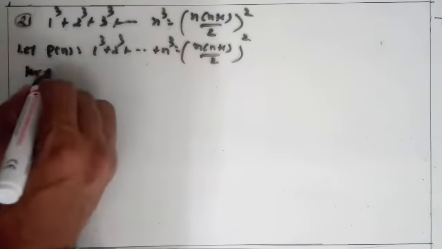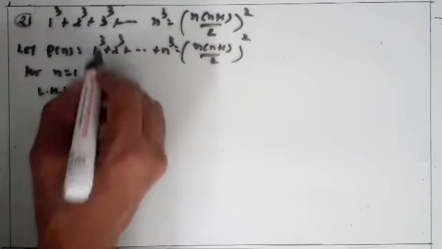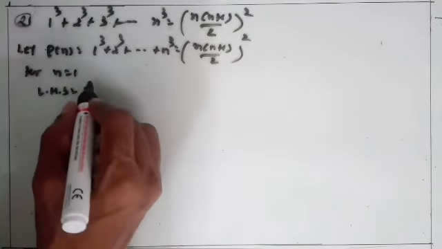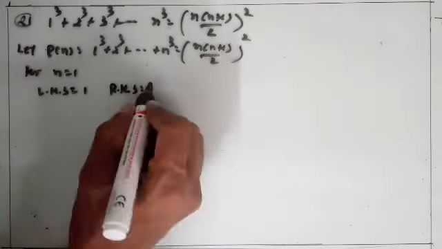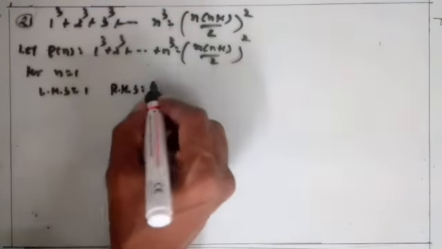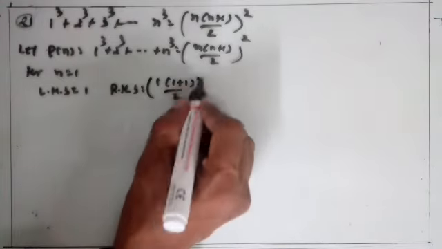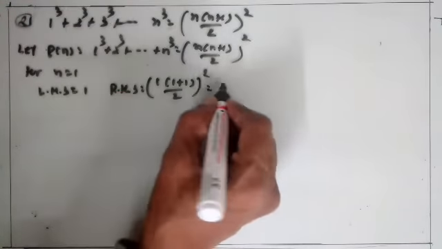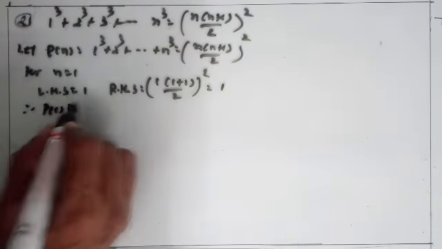For n is equal to 1, left hand side is 1 raised to 3, that is the first term, 1 raised to 3 is equal to 1. Right hand side RHS is equal to 1 into 1 plus 1 by 2 raised to 2, which is 2 upon 2, 1 square is 1. Therefore P1 is true.